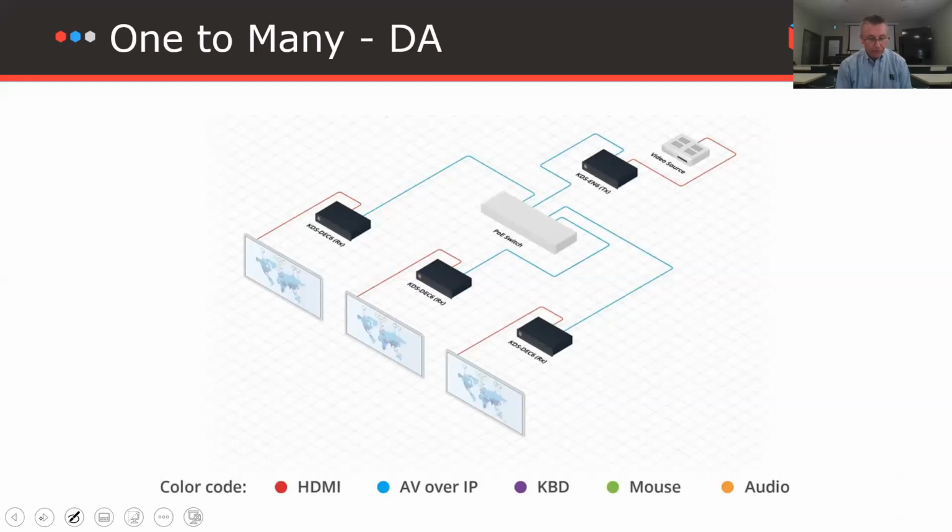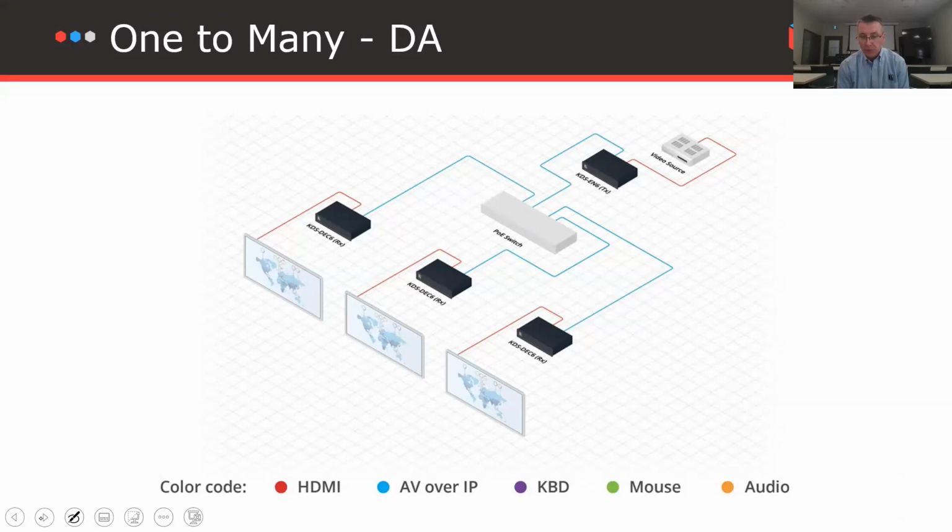Next one is our good old friend, the DA. This one would be the equivalent of a 1-to-3 HDMI DA, for instance. We have an encoder going into a switch and then going out to 3 decoders. The big difference here is we really have no limit with video over IP.